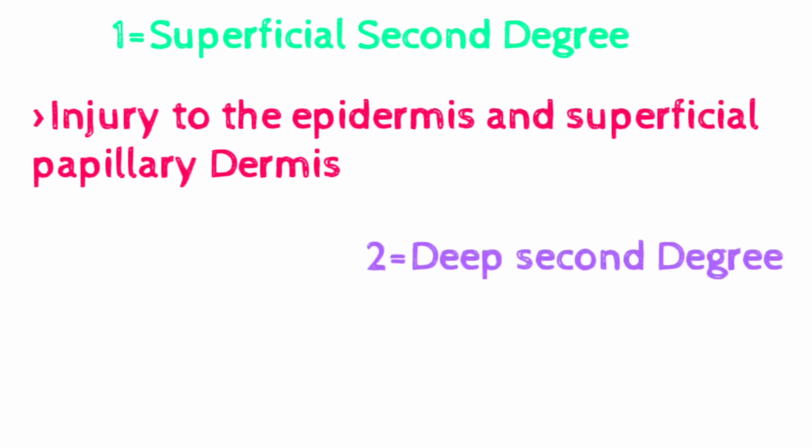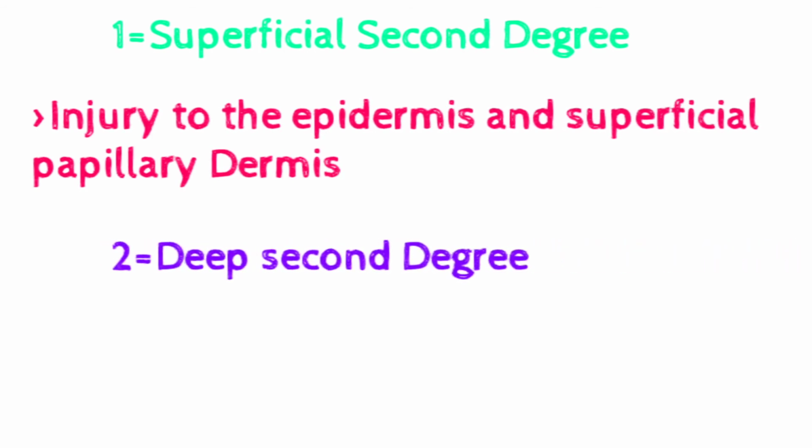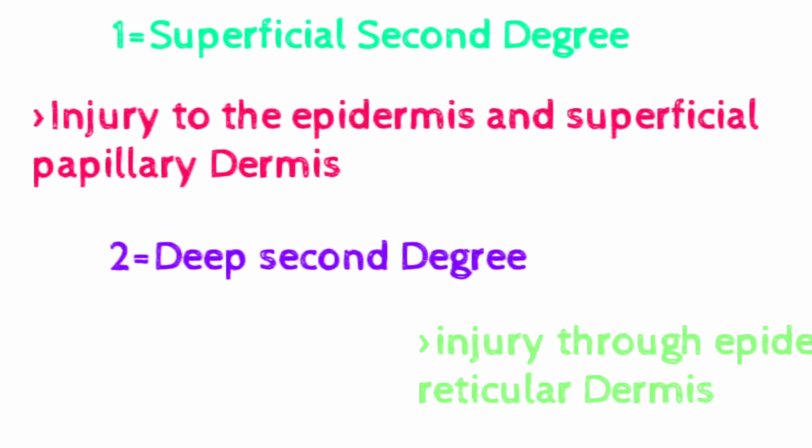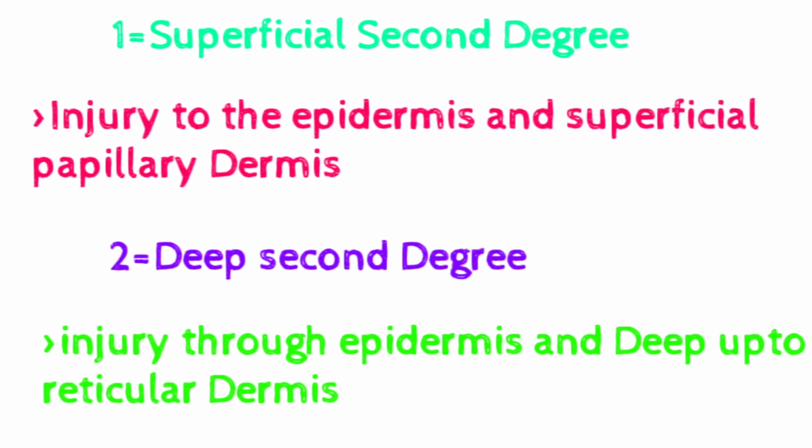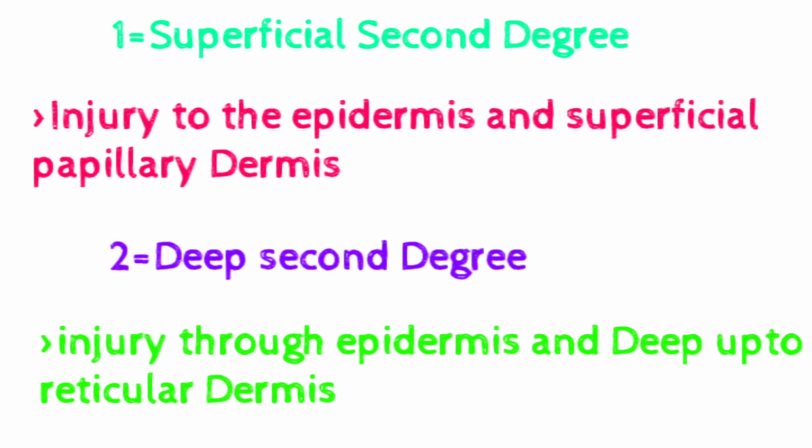Now second is the deep second degree. In deep second degree, injury is to the epidermis and superficial dermis plus the reticular dermis also involved. This is the second degree.